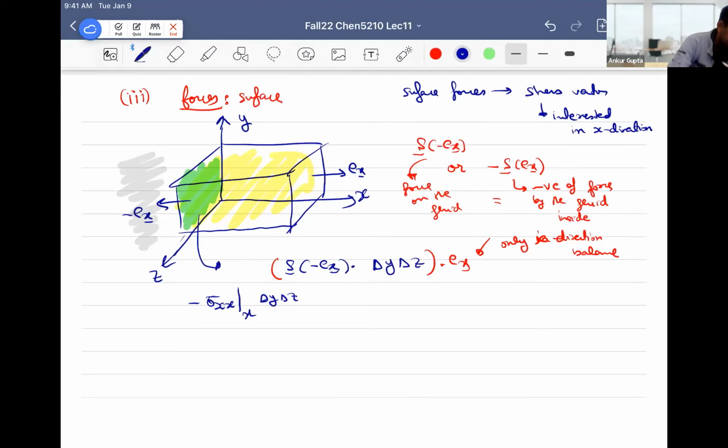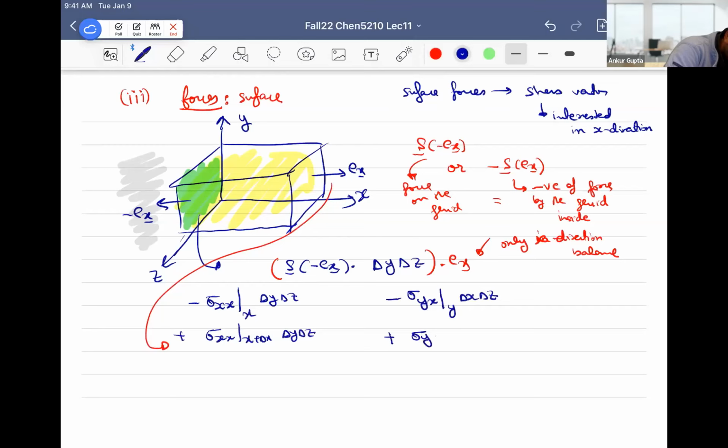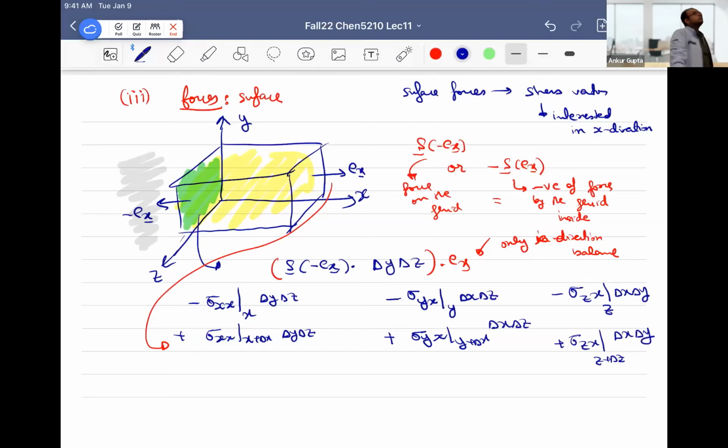So it becomes plus sigma XX at x plus delta x, delta Y, delta Z. Then finally, I will similarly get minus sigma YX at y, delta X delta Z, plus sigma YX at y plus delta y, delta X delta Z. Then I will get minus sigma ZX at z, delta X delta Y, plus sigma ZX at z plus delta z, delta X delta Y.